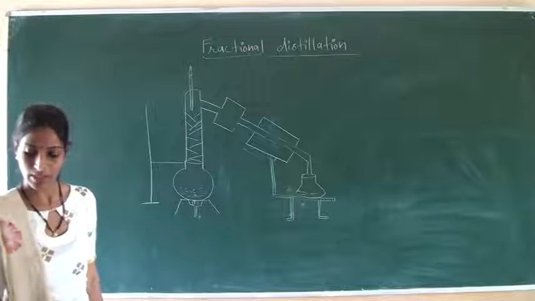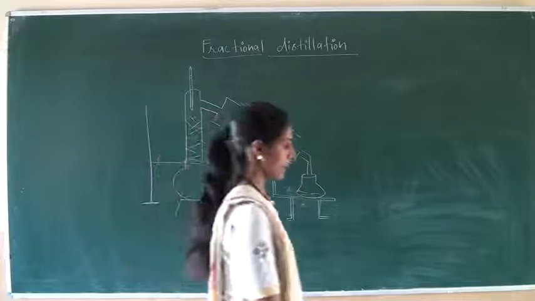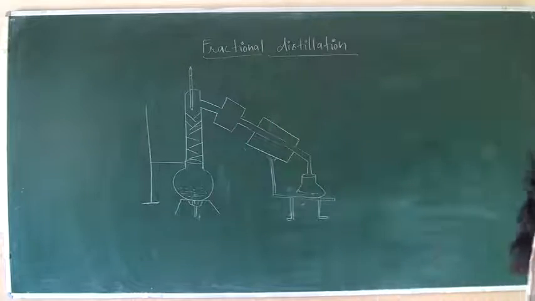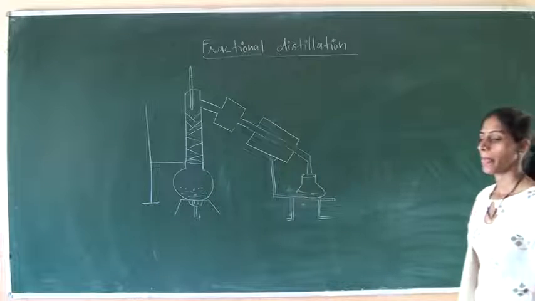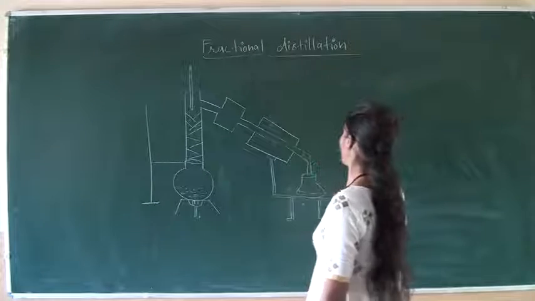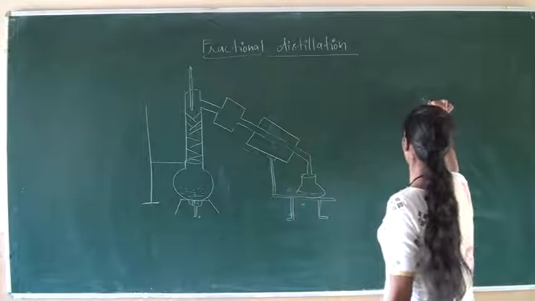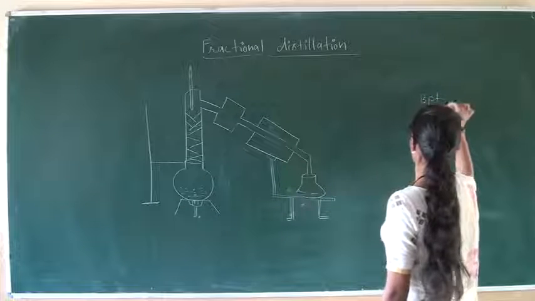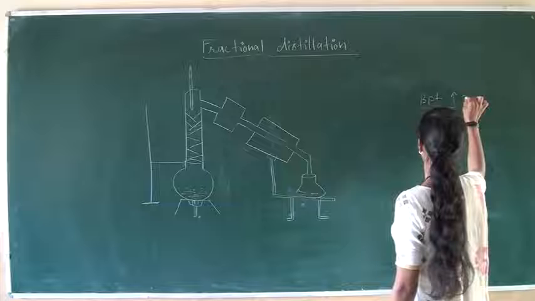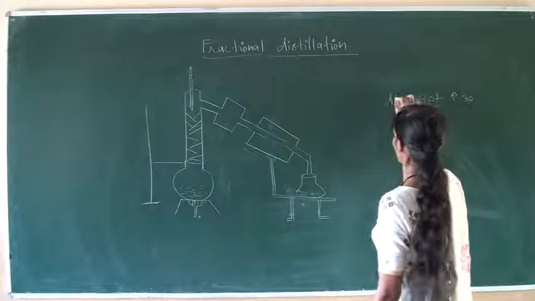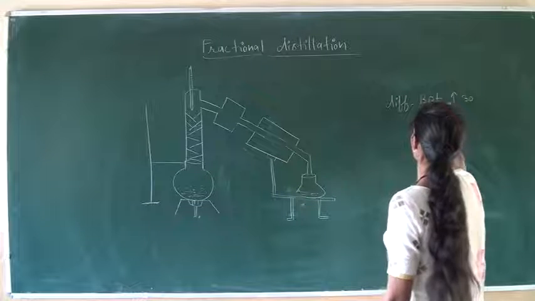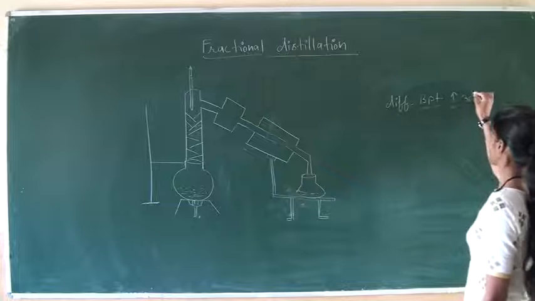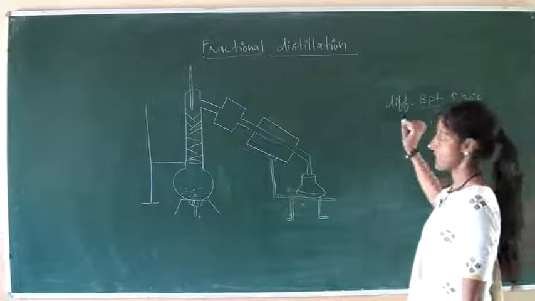In simple distillation method, we can separate two liquids which are miscible, but their difference in boiling point is greater than 30 degrees Celsius.